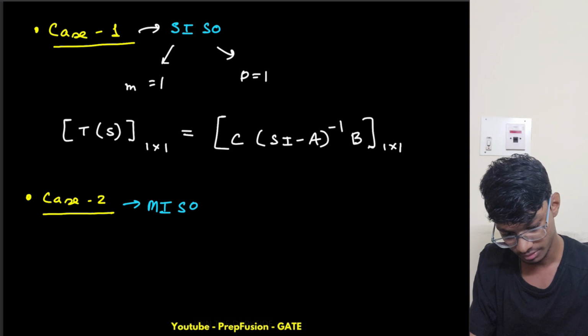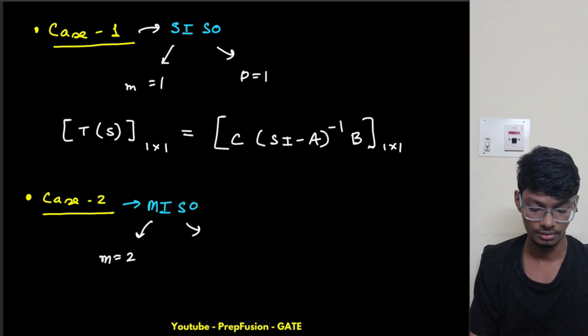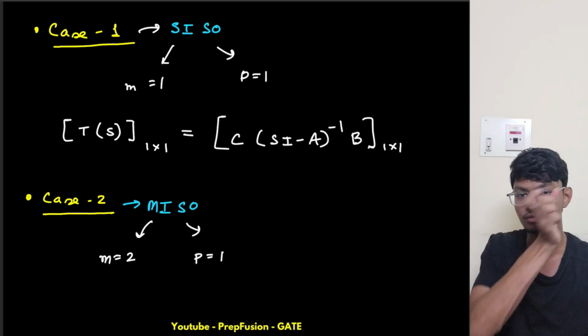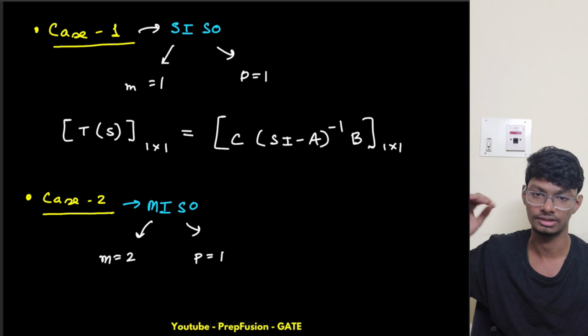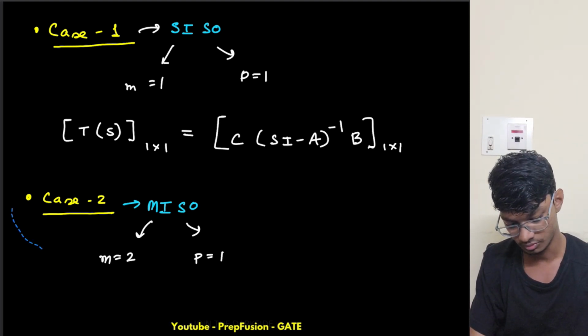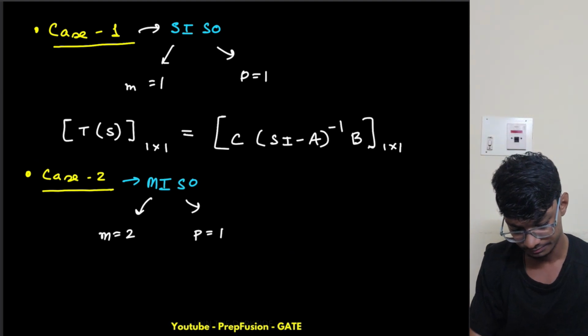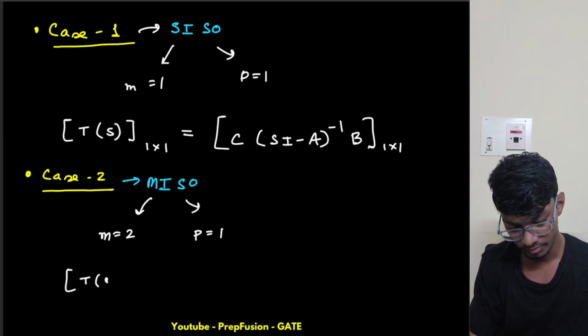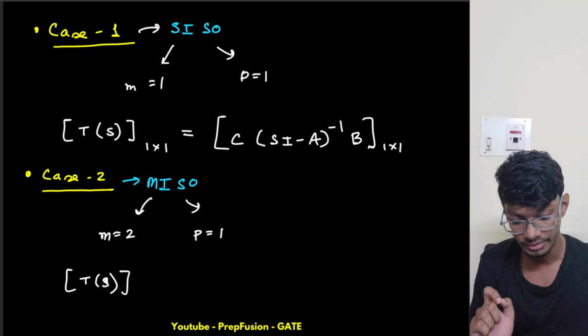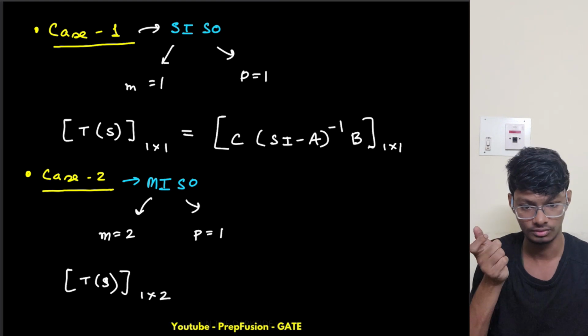If I have multiple input, m will be 2 and p will be 1, taking only one output but giving, for example, two inputs. Then what will be the order of the transfer function? It will be simply 1 cross 2.